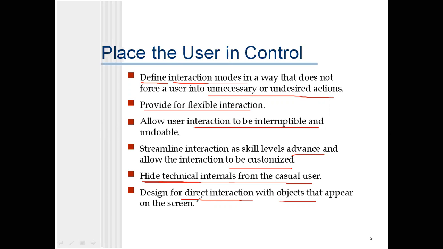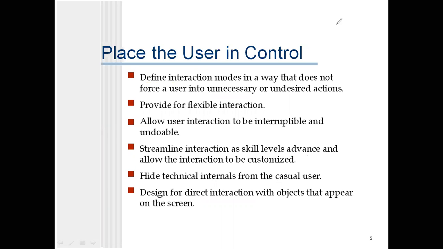These make the user in control, right? Which means the user is not deviated from his work. Suppose he clicks on some option wrongly, then he wants to undo that operation. Like that, we need to build user interfaces here, right? This is the first one, basic principles of user interfaces.